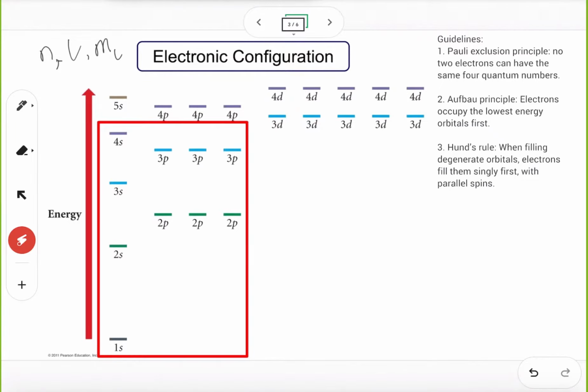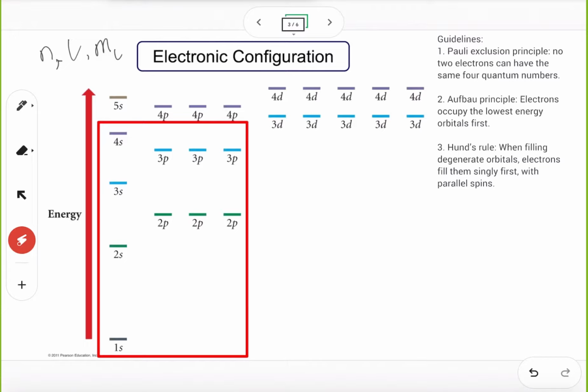One thing I do want to mention, if you take a look at the overall picture, is that it's sort of like we are constructing an upside-down hotel. These are the hotel rooms, and each room can be identified by those three quantum numbers.